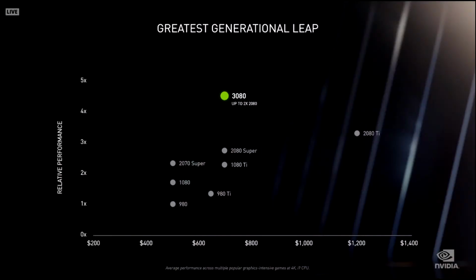One of our most popular GPUs is the 70 series. 970, 1070, 2070 were all hugely popular. You're gonna love the new RTX 3070. Faster than the 2080 Ti, the Turing enthusiast GPU priced at $1,200. Ladies and gentlemen, the new GeForce RTX 3070. Let me show it to you.